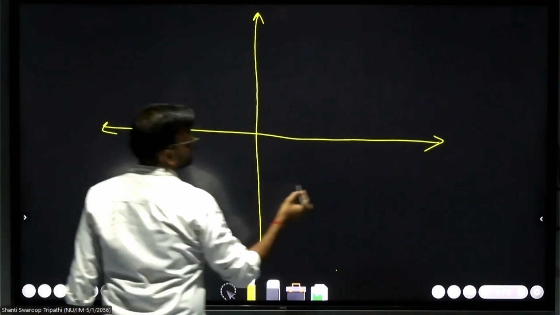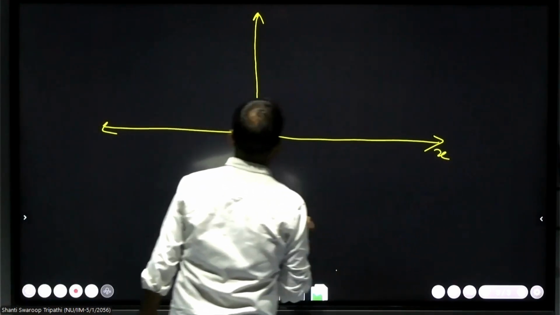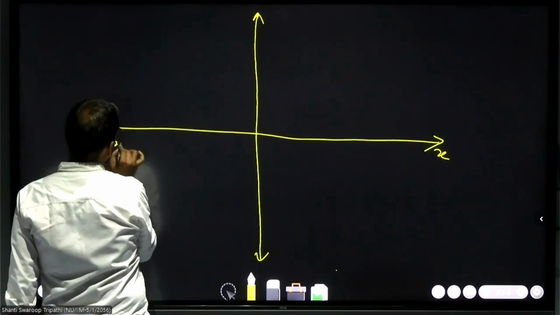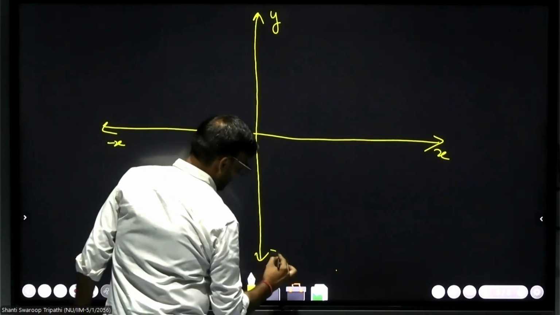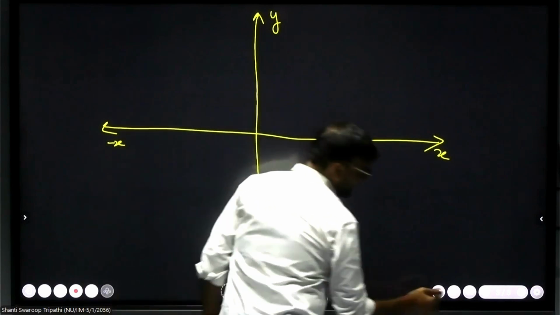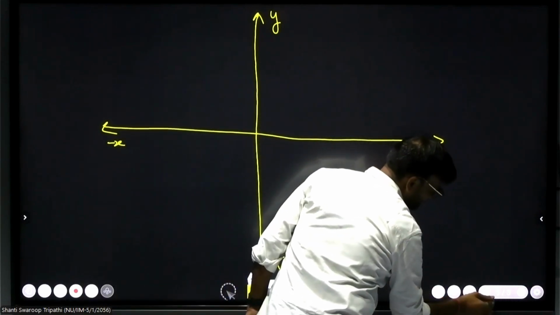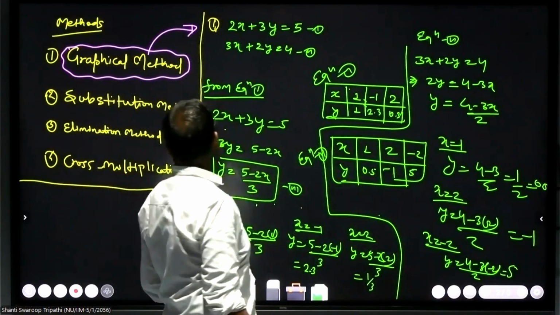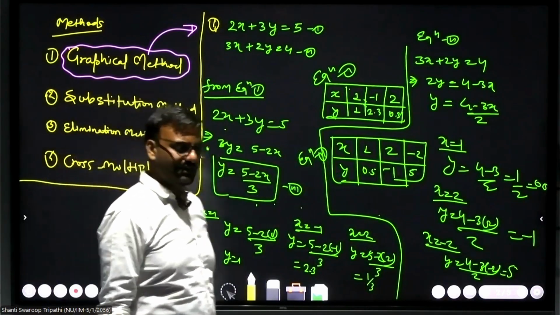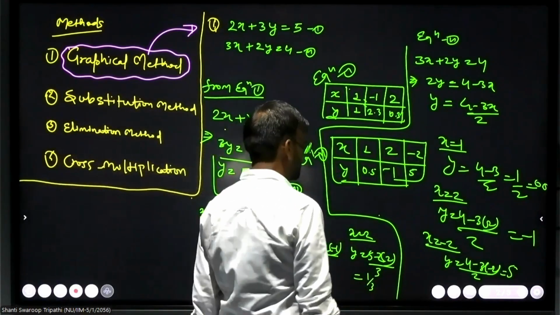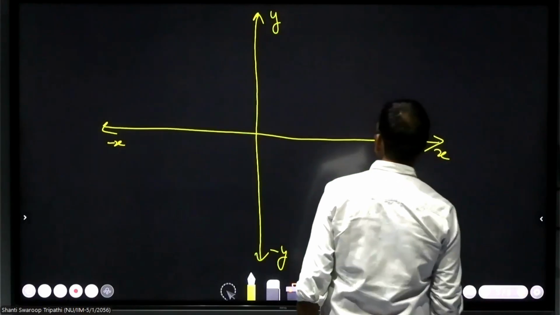So this is the x-axis, this is the minus x-axis, this is the y-axis, and this is the minus y-axis. This slide I will open after the class, and you will write it down in your notes.